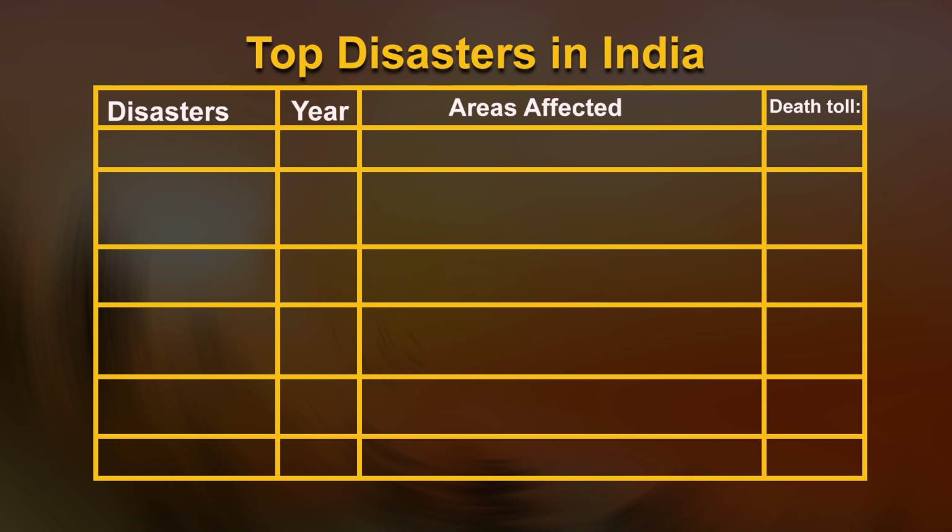Now, if we look at the disasters impacting India, we saw in 2014 the Kashmir floods. They impacted Srinagar, Bandipur and Rajouri district, and the death toll was more than 500 people.